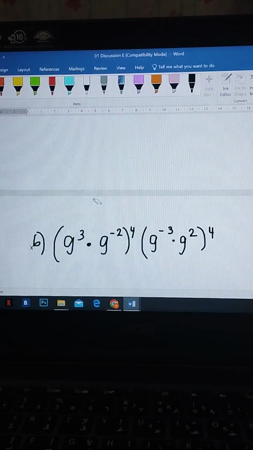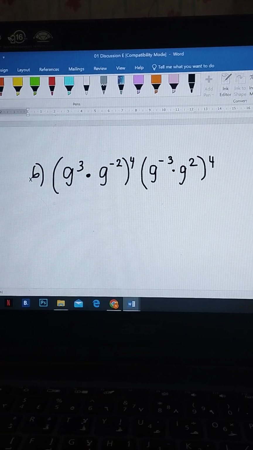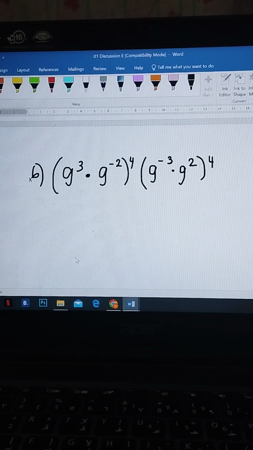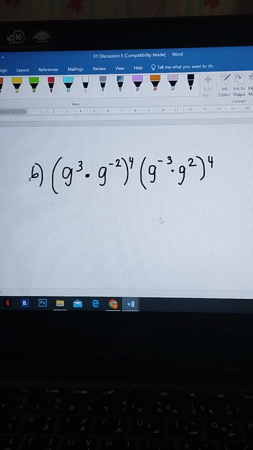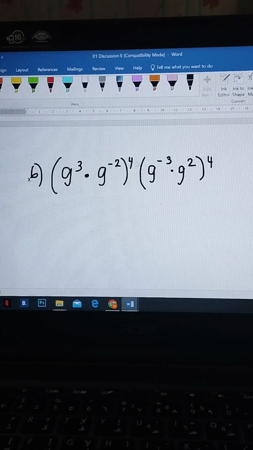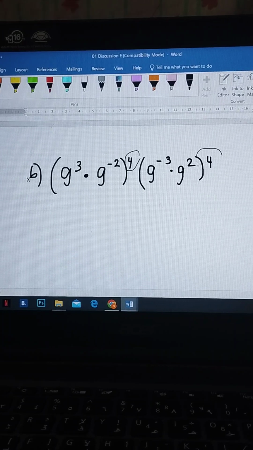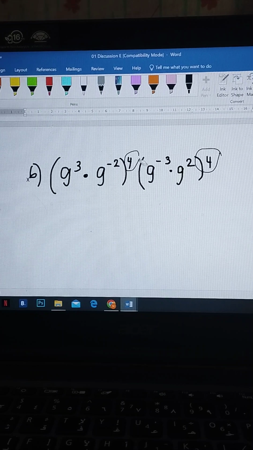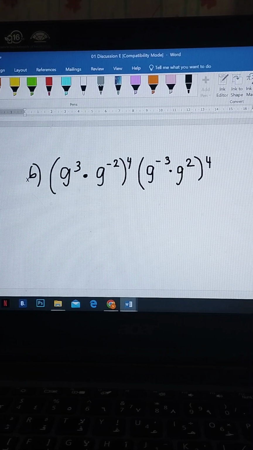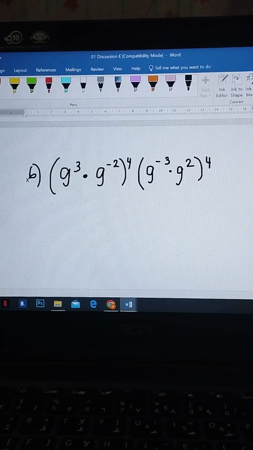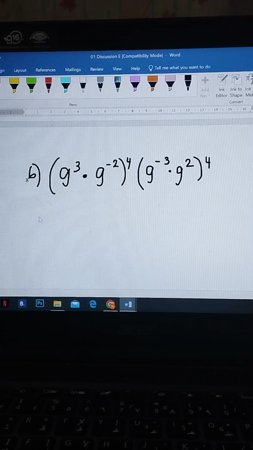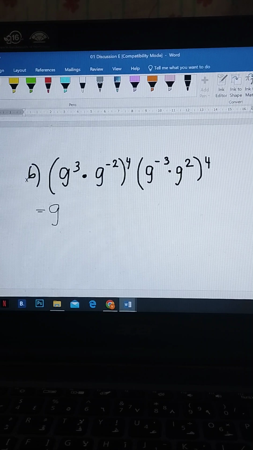Okay, so next is 6. So first is we remove the exponent outside. Applying the law of exponents for power of a product, this is now equal to g raised to 3 times 4 equal to 12.